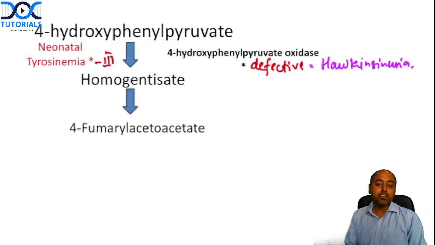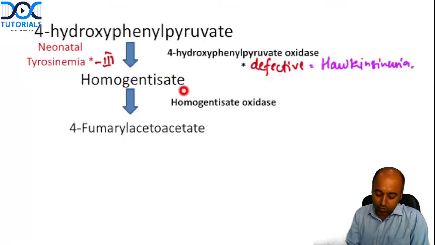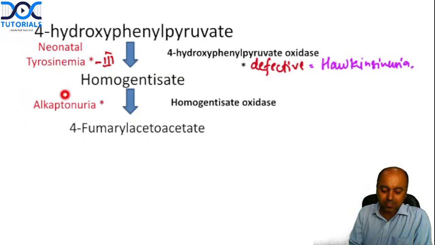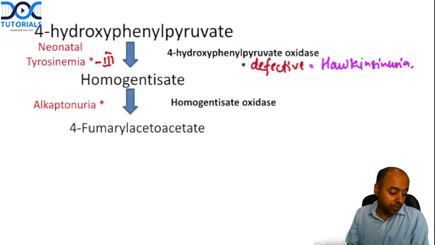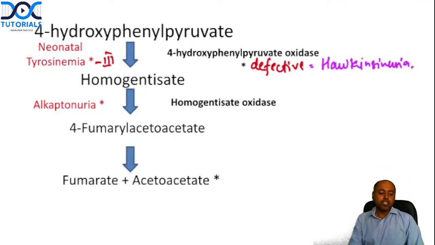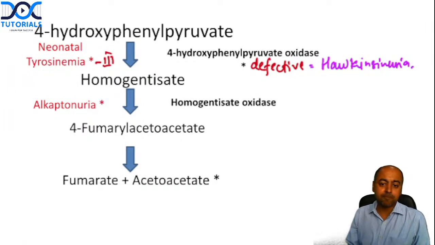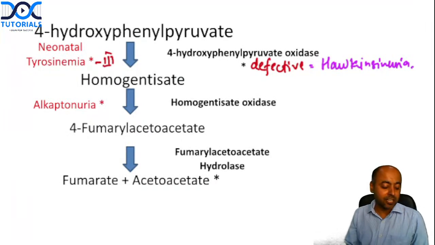The homogentisate is further metabolized by homogentisate oxidase. Deficiency causes alkaptonuria. And lastly, fumarylacetoacetate is converted to fumarate plus acetoacetate by the enzyme fumarylacetoacetate hydrolase.